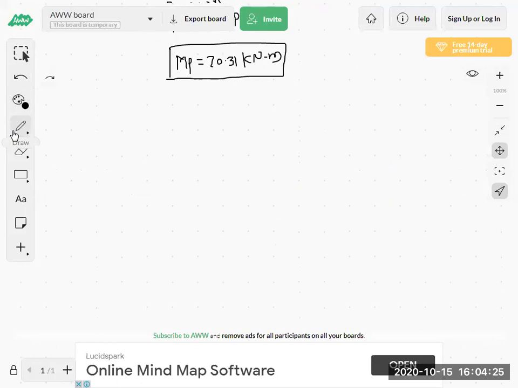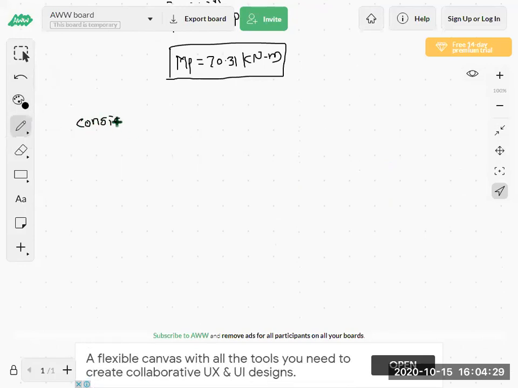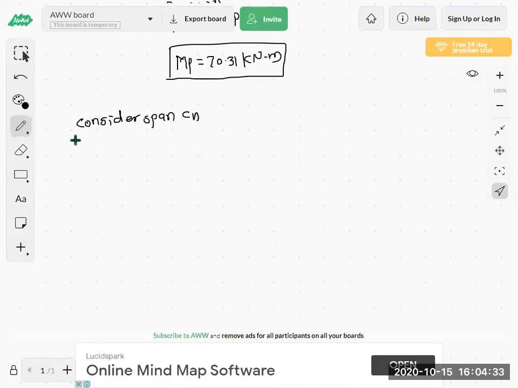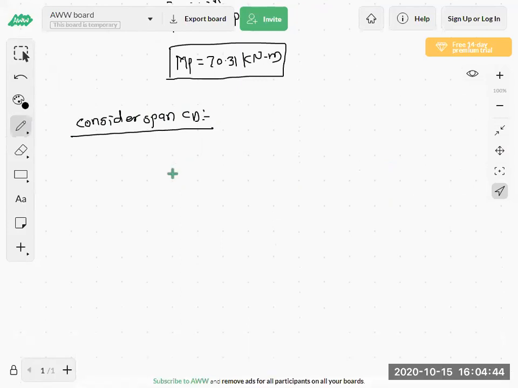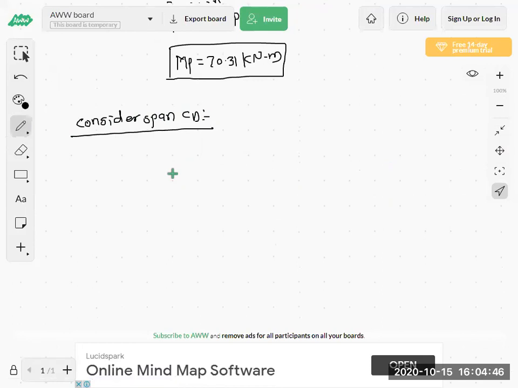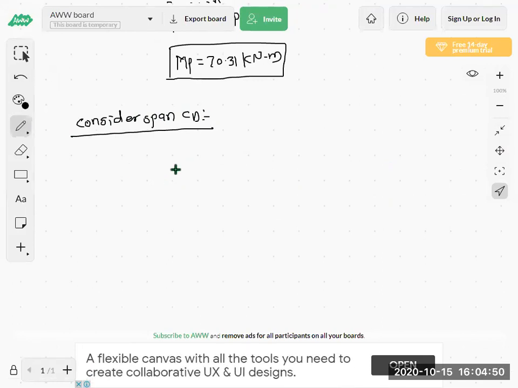Now next, consider span CD. Consider span CD. Okay, now draw the mechanism for span CD.